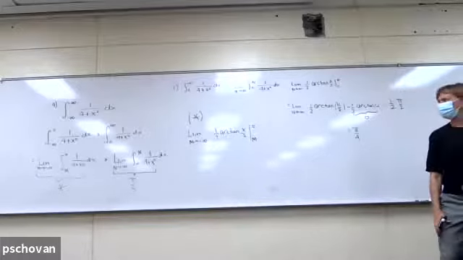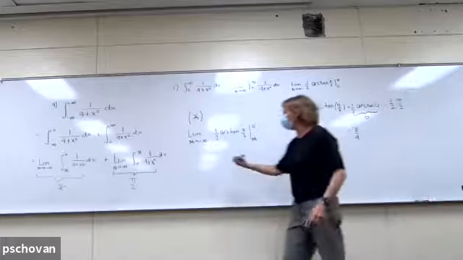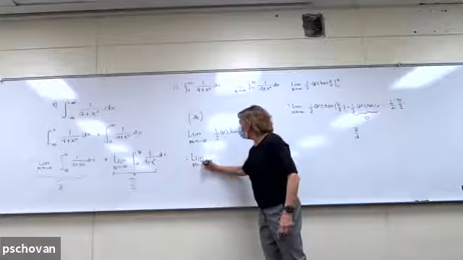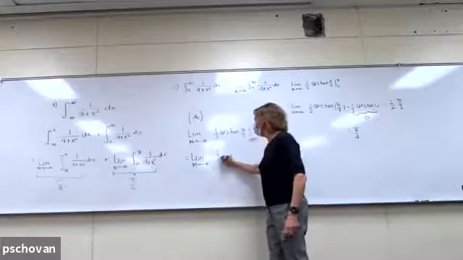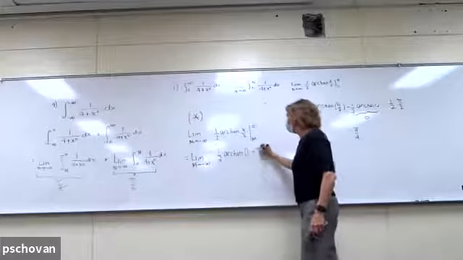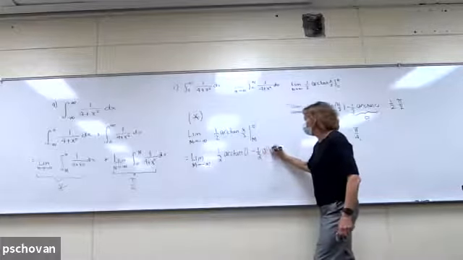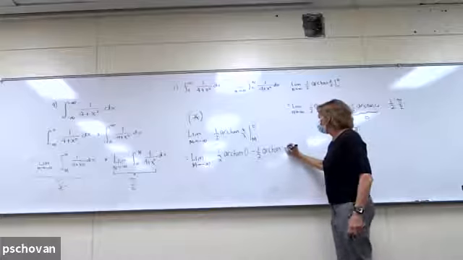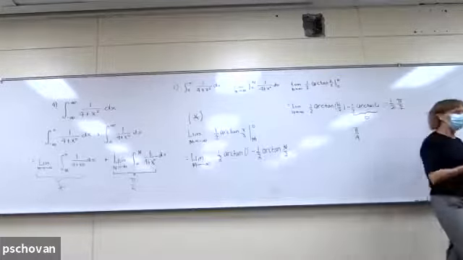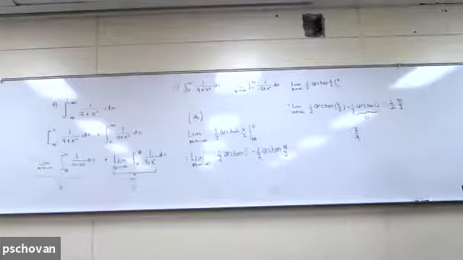Put the 0 in for x, put the M in for x, and subtract. And the arctangent goes through the origin, so the arctangent of 0 is 0.